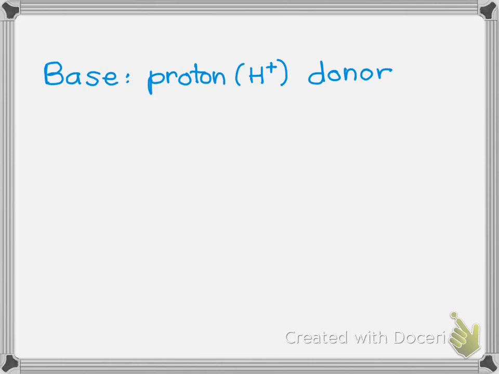Now, you're probably saying that's the same definition as an acid. Sorry. The base is the proton acceptor. So the acid is going to donate and the base is going to accept. And in order to be a proton acceptor, the substance must have a lone pair on it.